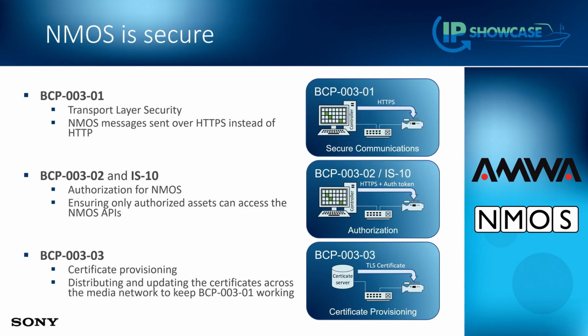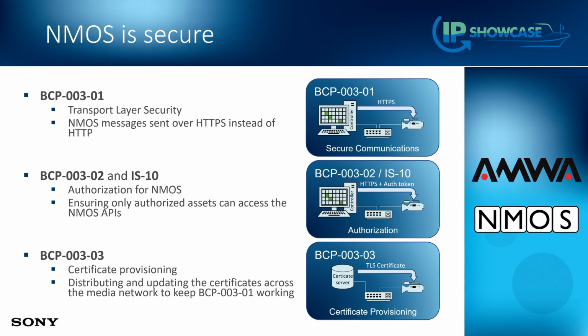02 is for authorization. So in this case, what we're trying to achieve is that only users or clients or controllers that are authorized to use a certain NMOS API are allowed to do so. And for this, we use tokens. So as well as sending over HTTPS, we also have to include an authorization token in our headers when we make these API calls.